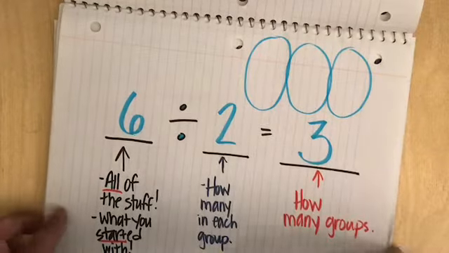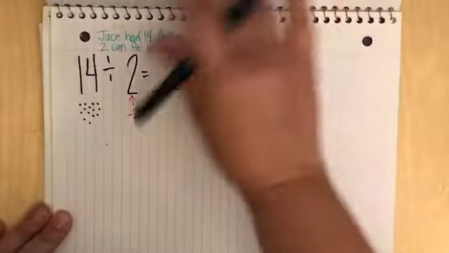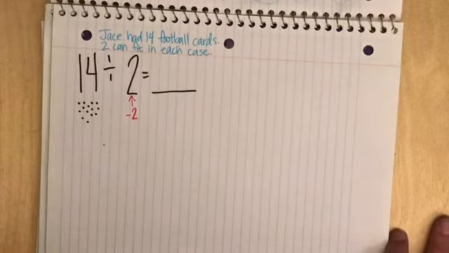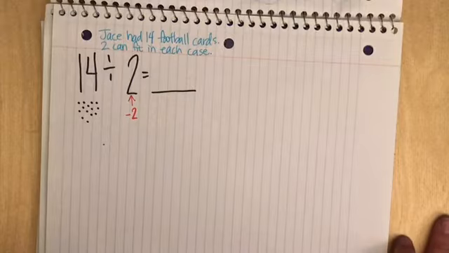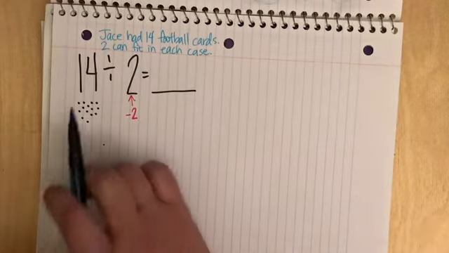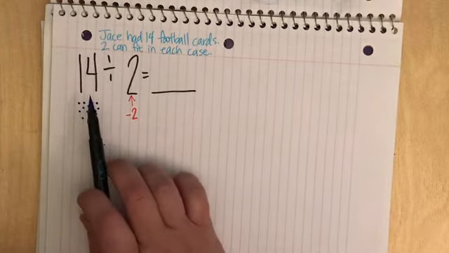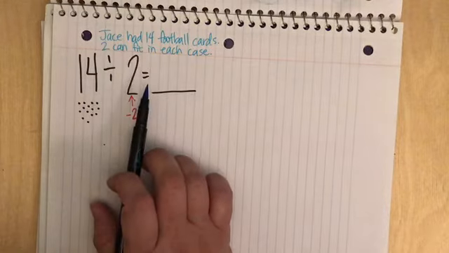Let's do some together. Jace had 14 football cards and 2 can fit into each of the cases that he's putting them into. How many cases does he need? So we're starting with 14 football cards. So on your notes, I want you to write 14 divided by 2 equals.